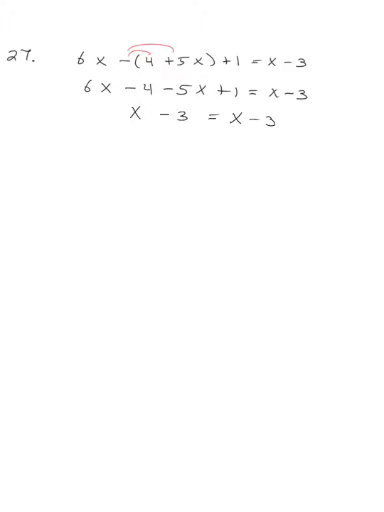And both sides are identical. You could subtract x from both sides, and you could add 3 to both sides if you wanted to go this far, but what you end up with is 0 is equal to 0, and that's true. In fact, it's always true. So what that means is the solution is all real numbers.